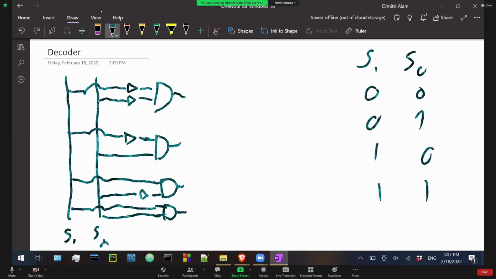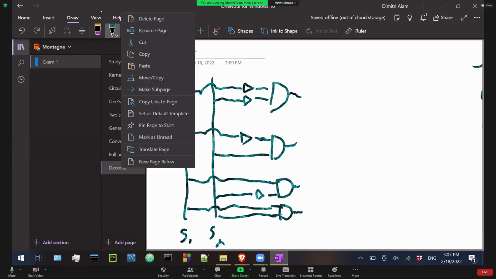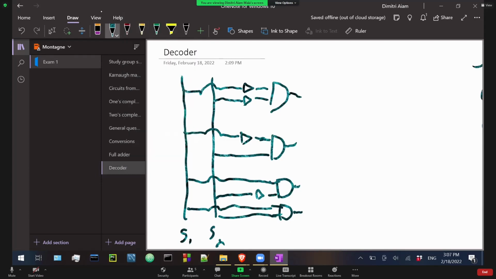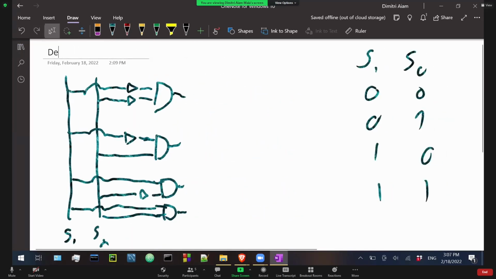So from this, let's do some magic. Now we have this decoder, and we're going to turn it into a multiplexer. It's going to accept multiple inputs.